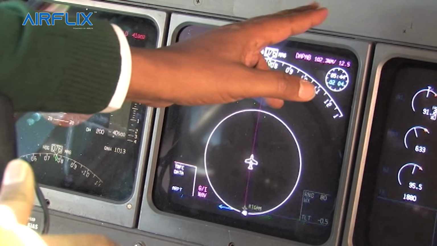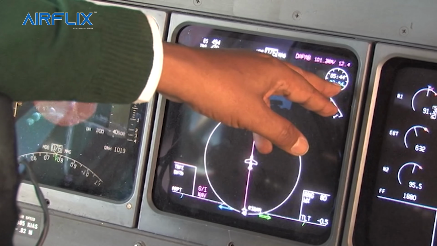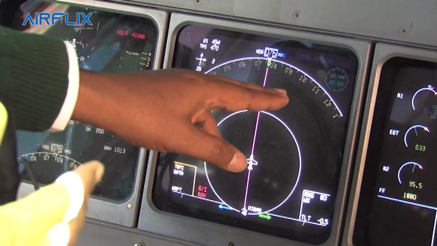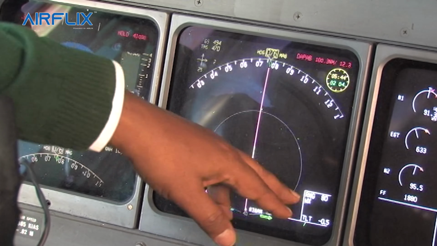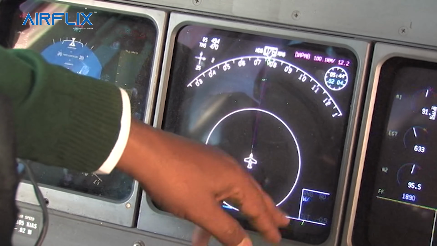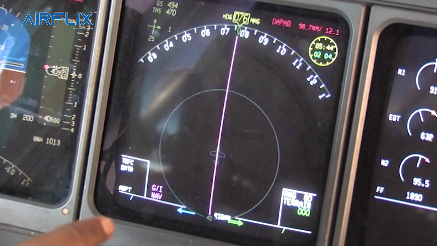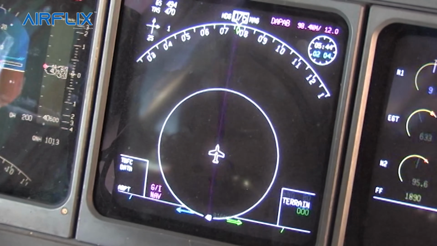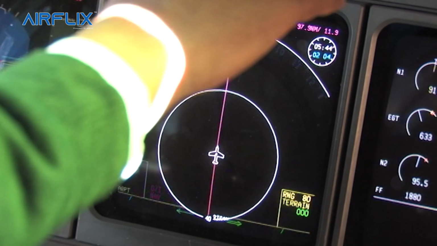This is the clock. And it also tells us how long it is since we departed. So now 2 hours and 4 minutes since we took off from Addis. We have two modes of display here. One is the weather and the other is the terrain. So this is the terrain mode, which tells us the height of the areas that we are flying over. Weather normally shows us the weather.